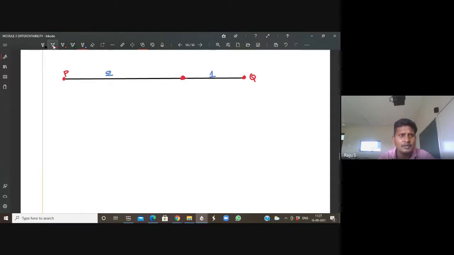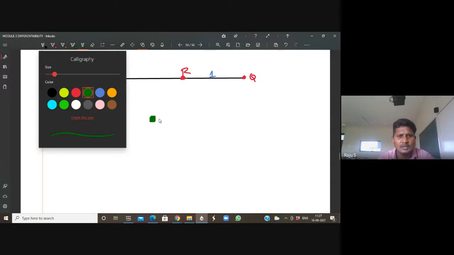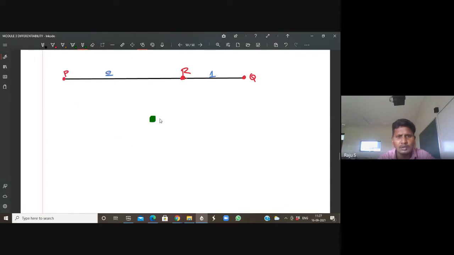But there is a point R. The position vector of P is very simple, students. Whenever they ask for the position vector, first you have to take the origin, like 0 0 0.